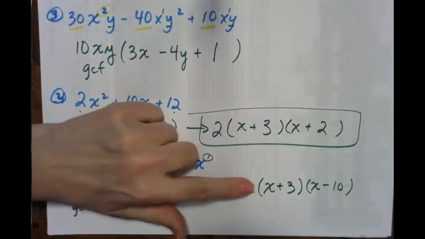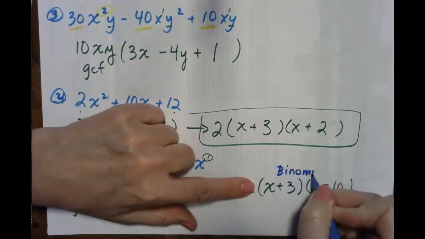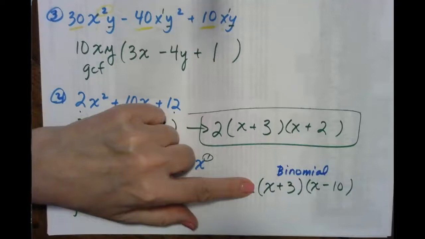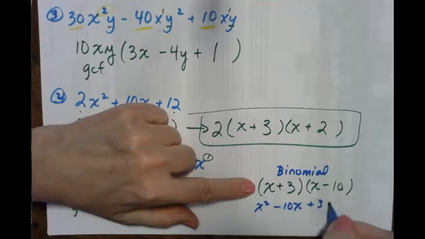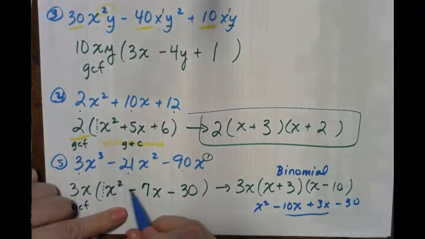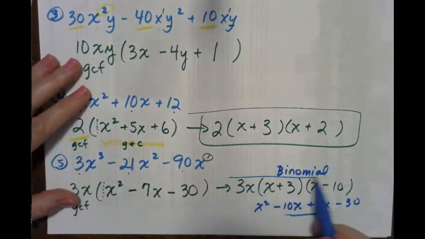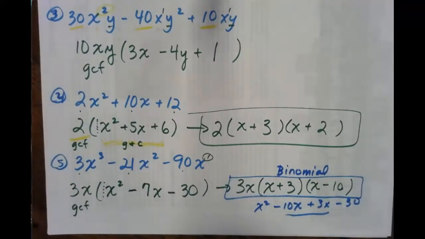We know that it works. Let's check our two binomial factors. So we're going to do that with first sides, outsides, insides, and last sides. And negative 10 plus 3 is where we're getting that negative 7x from. So this is our answer because we were asked to factor.